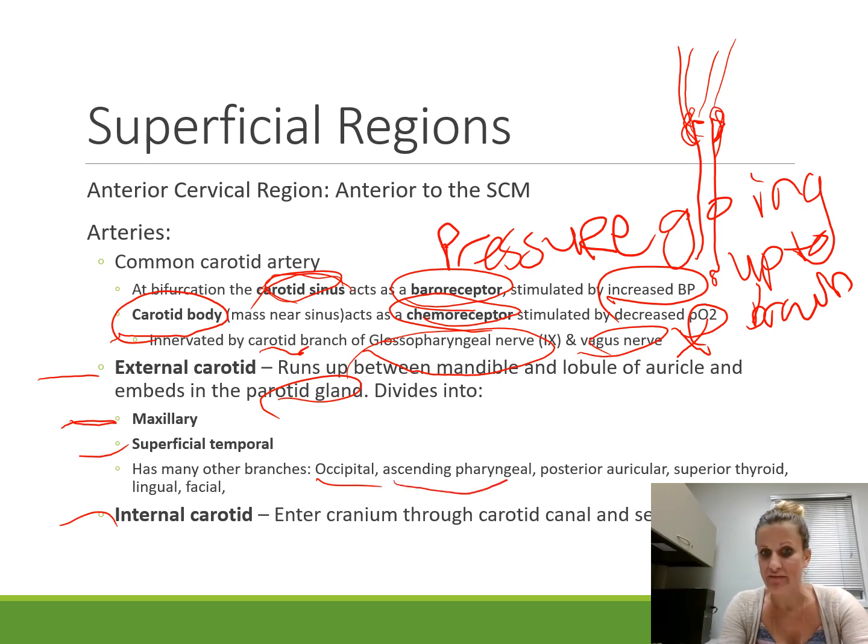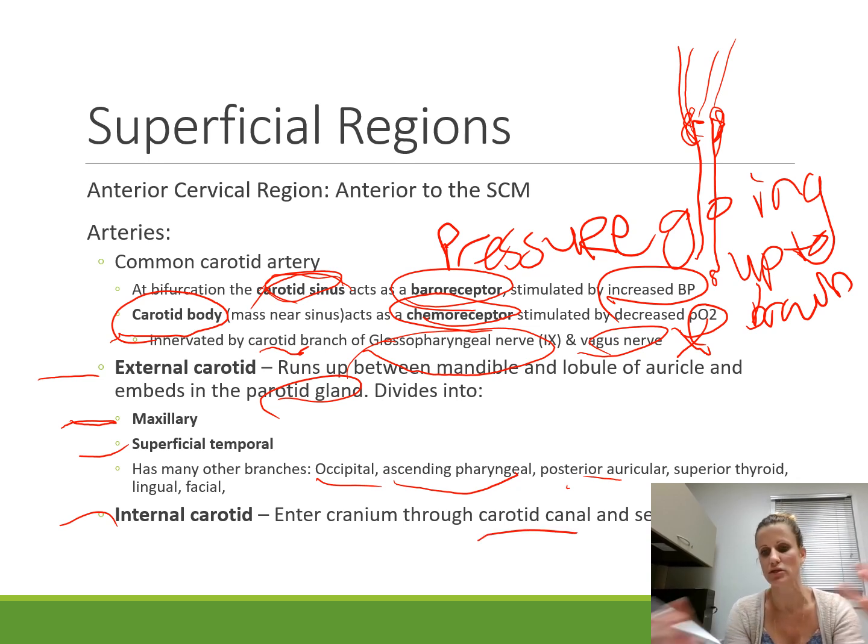The ascending pharyngeal, posterior auricular, the superior thyroid going down to the thyroid gland, the lingual artery we saw going under the tongue, the facial artery extending along the face. So there's a lot of branches that are coming from the external carotid artery, ultimately to go all over the face and the scalp.